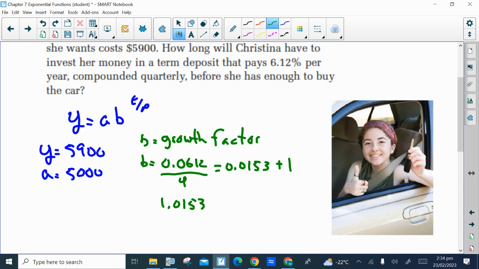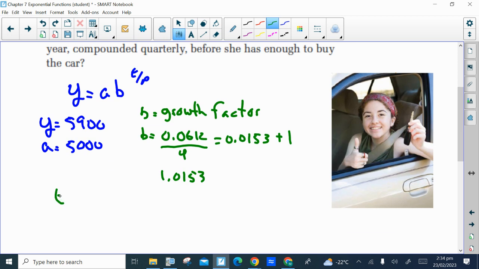Now, t is the time, which in this case is what we're trying to find. Right? We're trying to find out how long will it take for that money to grow. And the other thing is that p is the growth period.